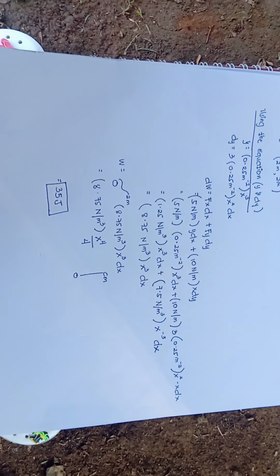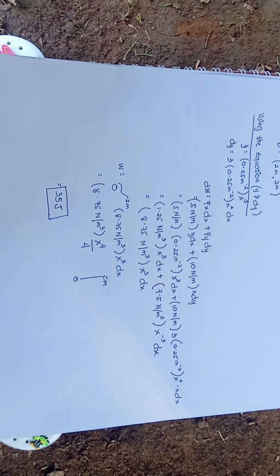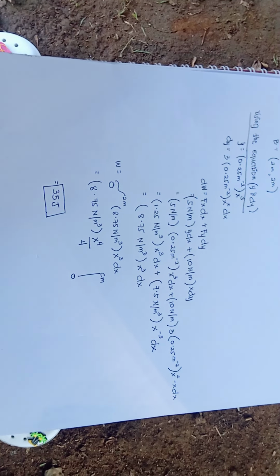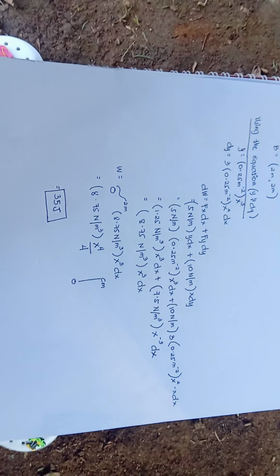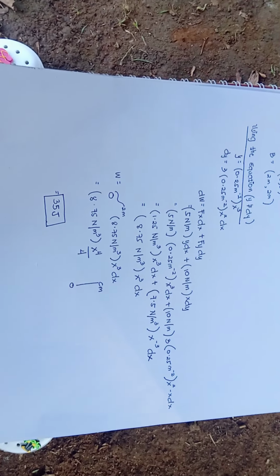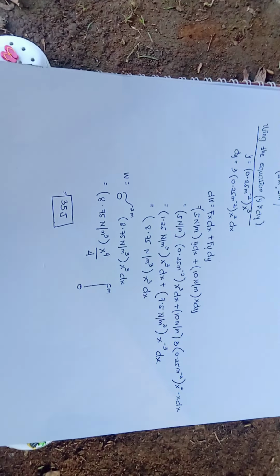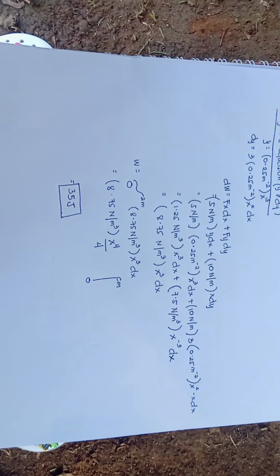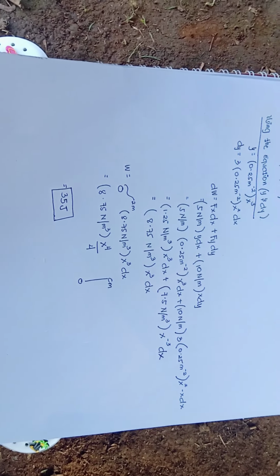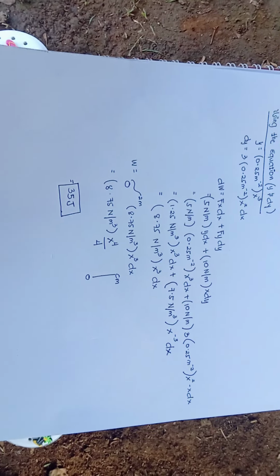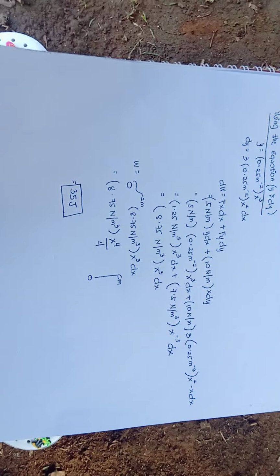Equals 5 newtons per meter times 0.25 meter to the power of negative 2, x cubed dx, plus 10 newtons per meter times 0.25 meter to the power of negative 2, x squared, rather minus x dx. So that is 3 times 0.25 meter to the power of negative 2, x squared, and the answer is 7.5 newtons per meter cubed.